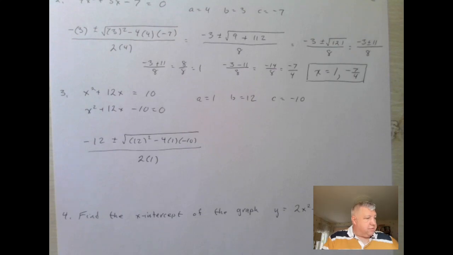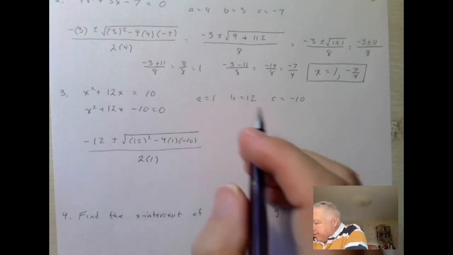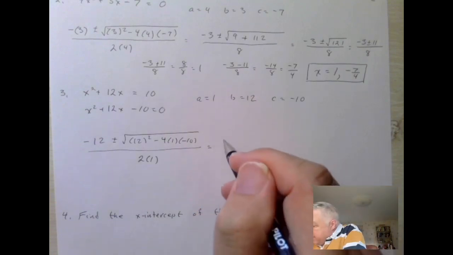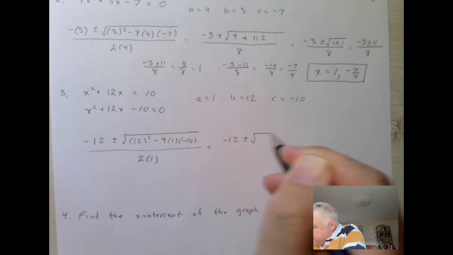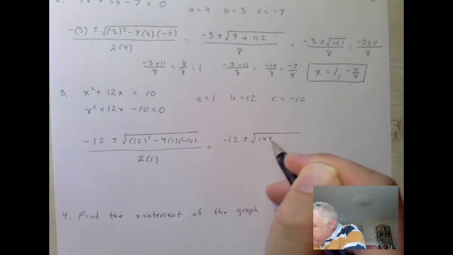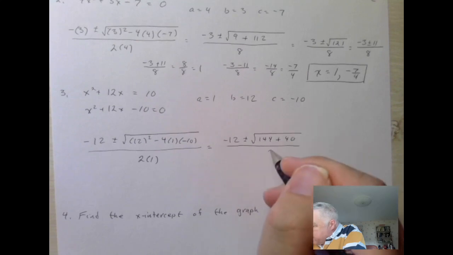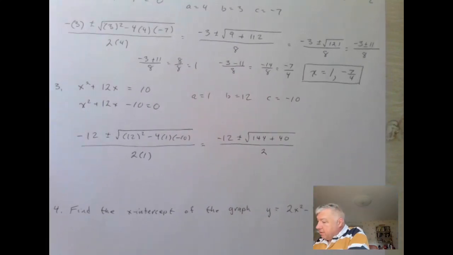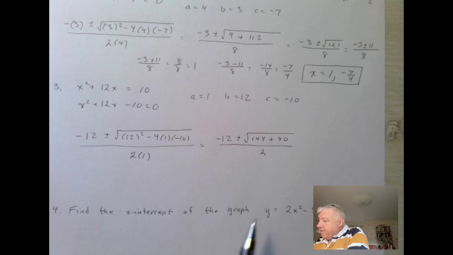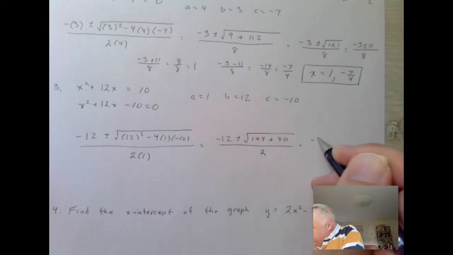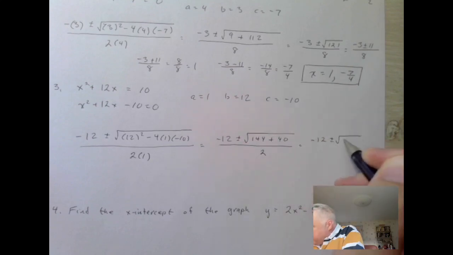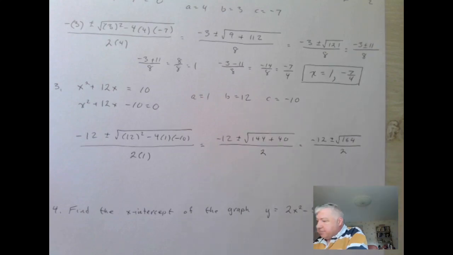Let's work through it. So this is going to be negative 12 plus or minus the square root of 144 plus 40, over 2. And then this would be negative 12 plus or minus the square root of 164 over 2.